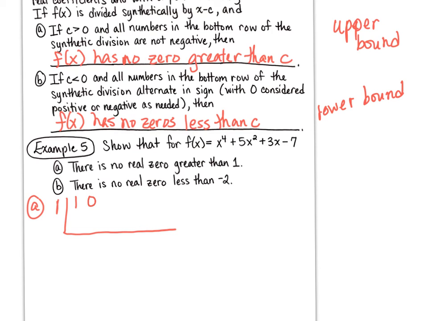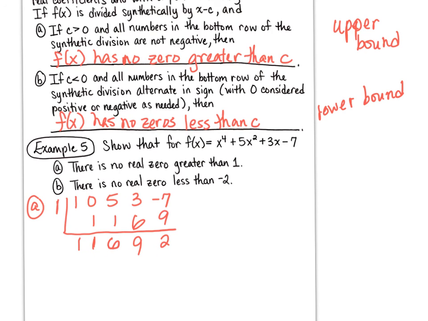So 1, 0, 5, 3, and -7. You bring down your 1, multiply, you get 1, add, you get 1, multiply, 1, add, 6, multiply, 6, add, 9, multiply, 9, and you add 2. The numbers in the bottom row are all what?